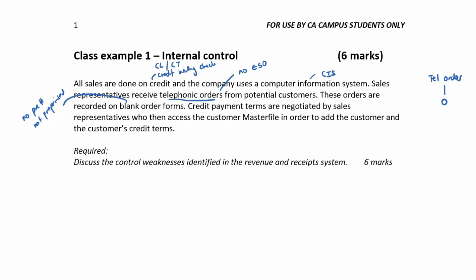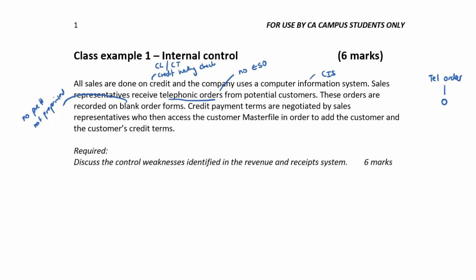Credit payment terms are negotiated by sales representatives who then access the customer master file in order to add the customer and the customer's credit limits, credit terms. Okay, so I've got some problems here because the payment terms and obviously the limits are negotiated by the sales representative, and then that person goes and adds that to the master file.